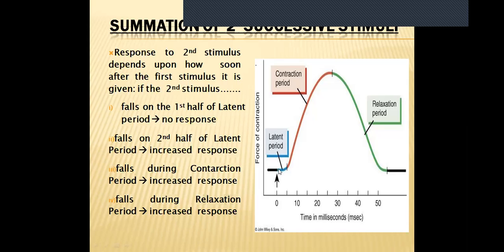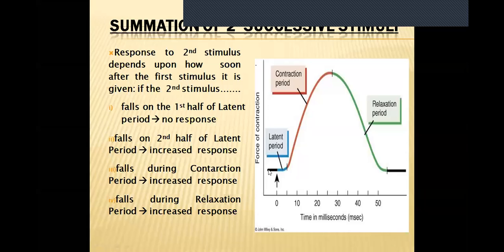Why? Because the muscle contraction or nerve impulse action potential follows the all or none law. If two stimuli are given at the same time, the same single twitch will arise, but no increased strength will be generated, if the two stimuli are given at the same time or in the first half of the latent period.